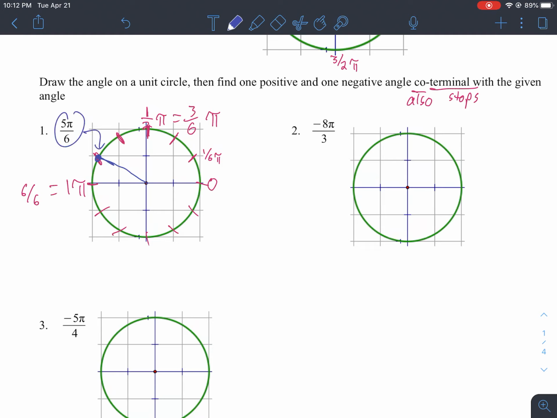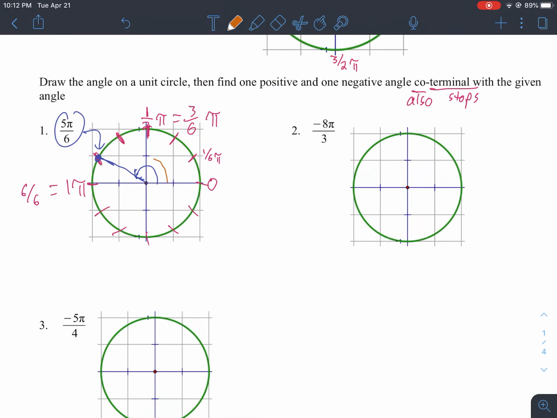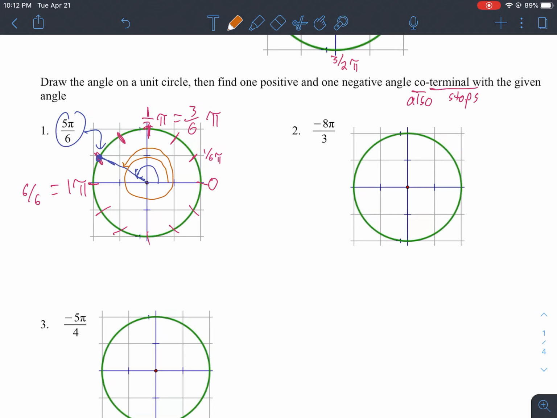Now we have to find something else that stops there. So instead of just going to 5/6 and being done, what else would stop there in the positive direction? Well, could we go all the way around and that much further? Sure. All the way around is 2 pi or 12/6.